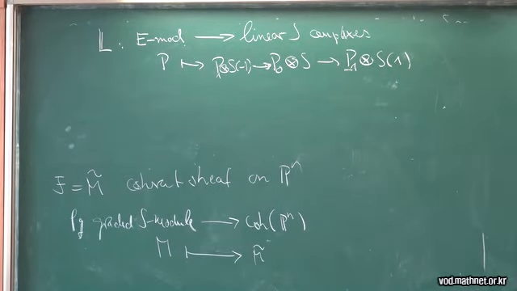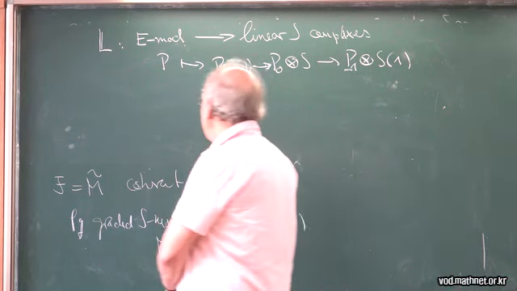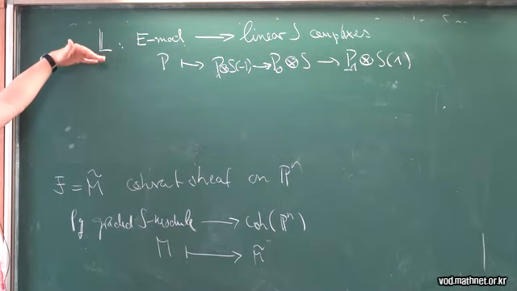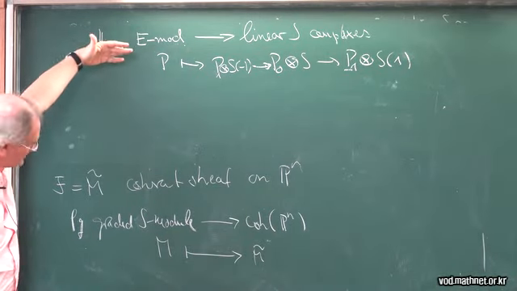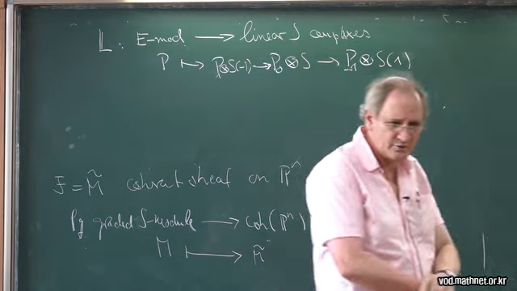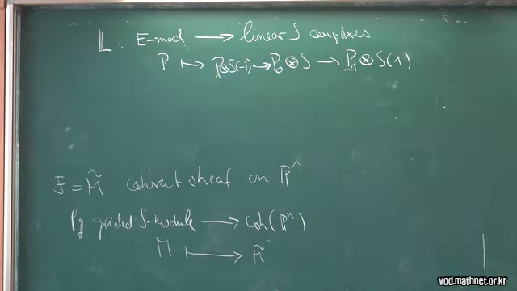Bernstein-Gelfand looked at this construction in their attempt to construct vector bundles on projective space. In the 70s, the construction of vector bundles, or the classification of vector bundles on projective space, was a very hot topic.